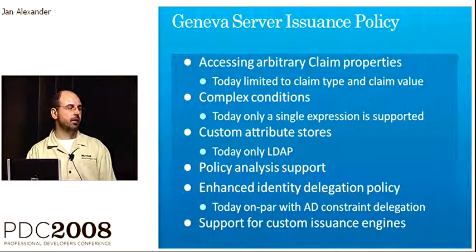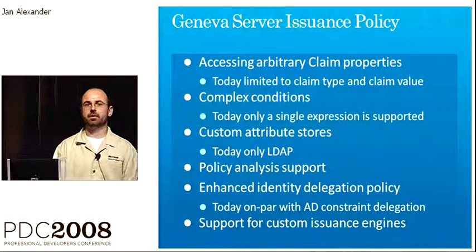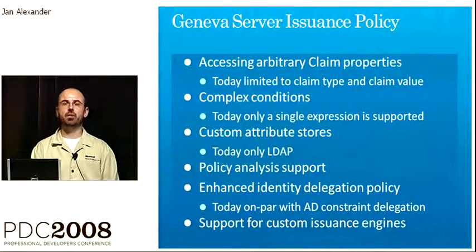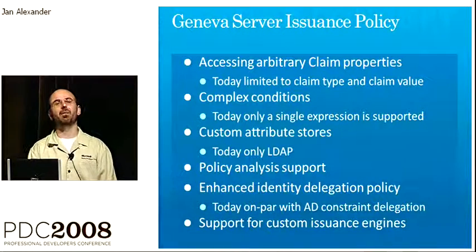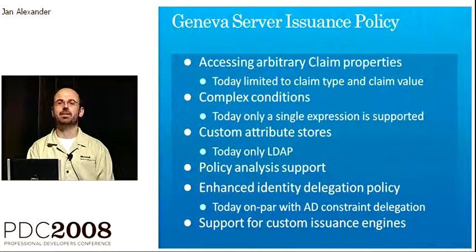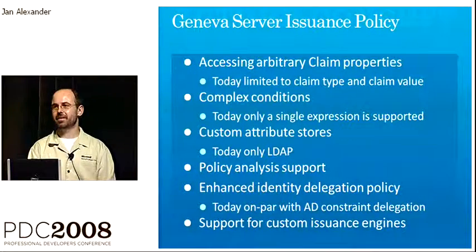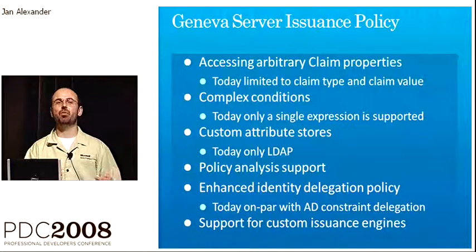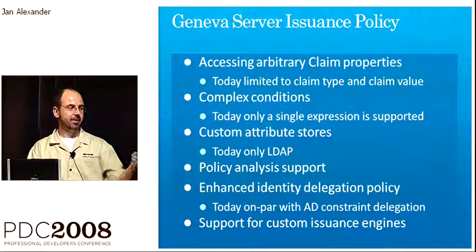Custom attribute stores are one of the very frequently requested features. I don't store my attributes in LDAP or AD. I store my attributes in my custom database, or in SAP, and I want to flow them into the system as claims. How can I do that? That's this feature.